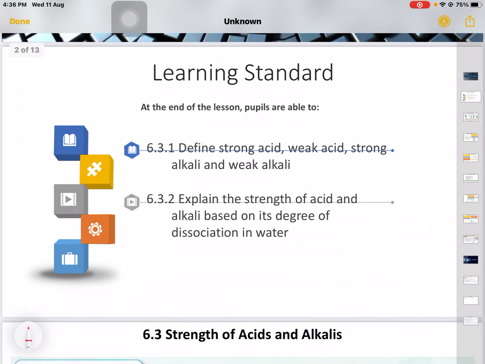And also, students should be able to explain the strength of acid and alkali based on degree of dissociation in water. Degree of dissociation and degree of ionization are the same. Okay, darjah pengayonan and darjah penguraian.